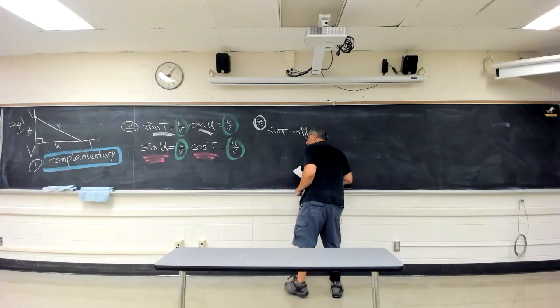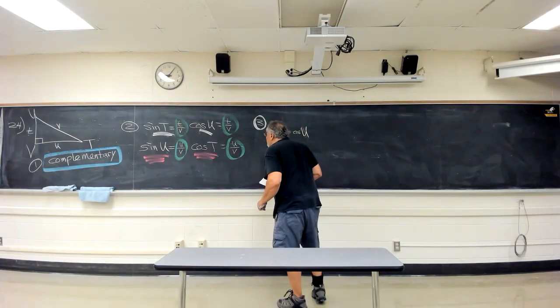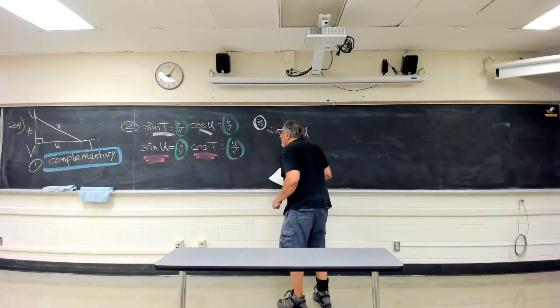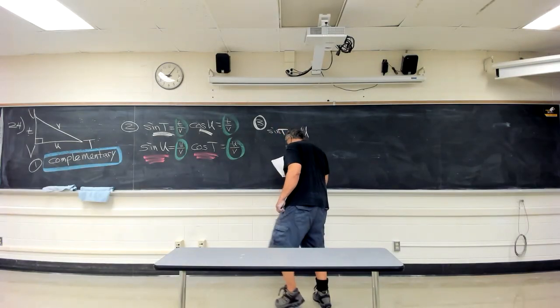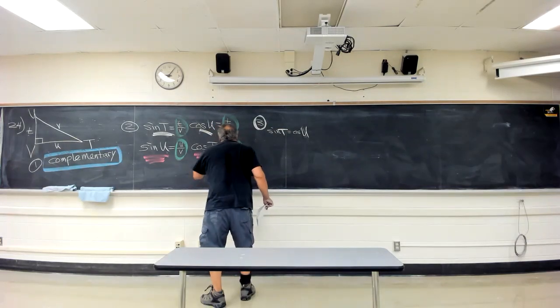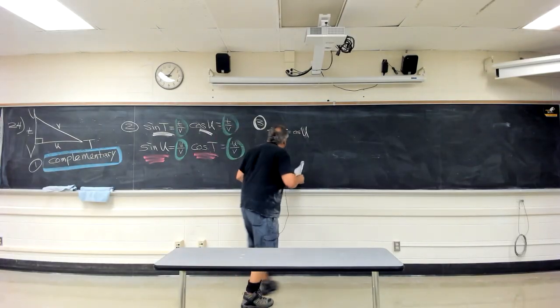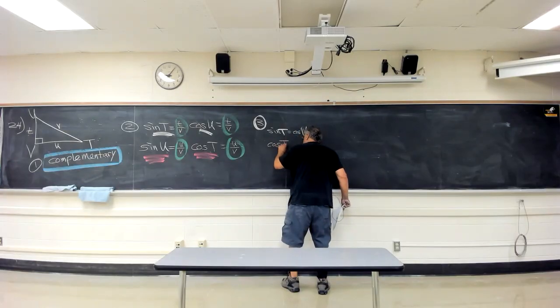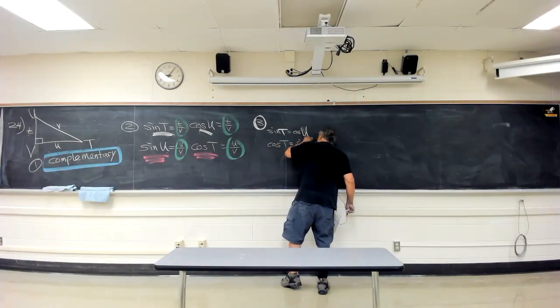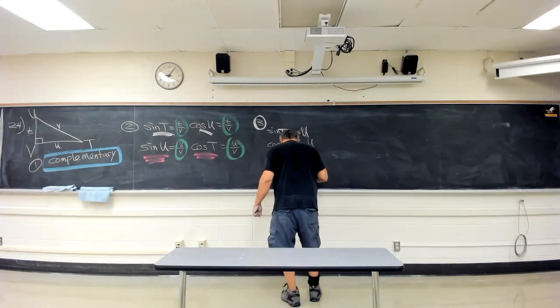Cosine of T equals cosine of U. No. Cosine of T equals sine of U. Yes. None of the above is true. That's not true. Some of them are true.